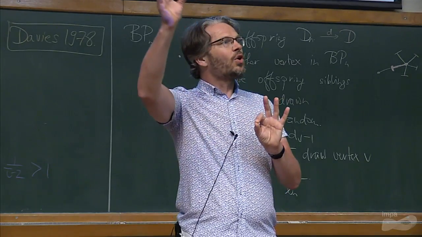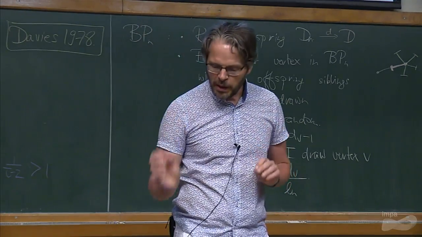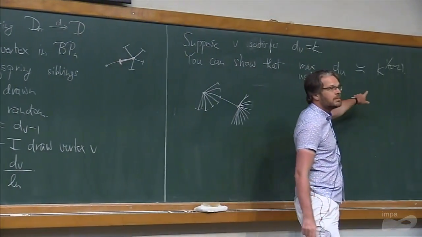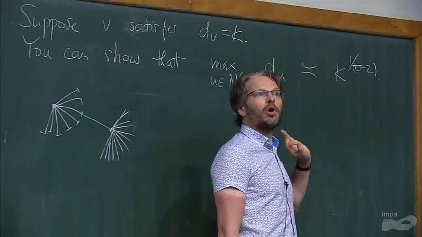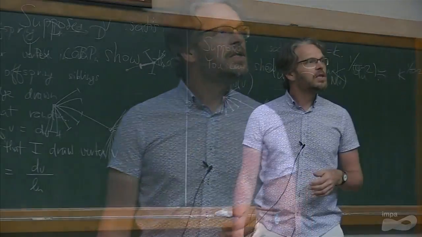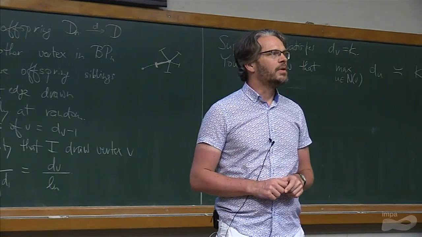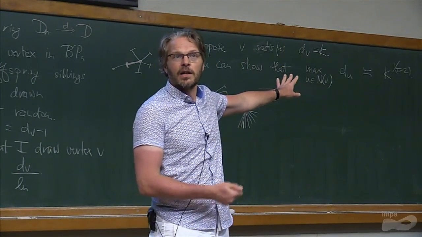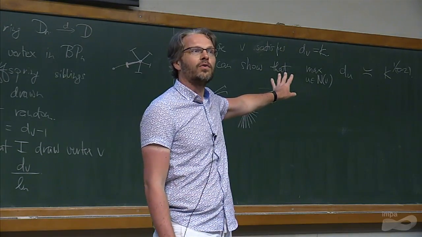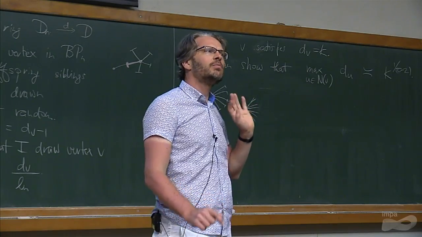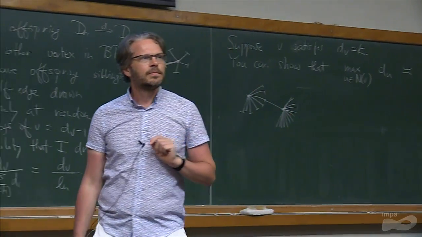Either the degrees along your path grow the way you expect them to grow, for example, something like this, or they grow more quickly. If they grow more quickly, you can give an easy bound that says that this is not going to happen. If they grow like this, then the path has to have length at least something like twice log n over the absolute value of log tau minus 2, and you're done. Well, this is a relatively simple first moment method and path counting.